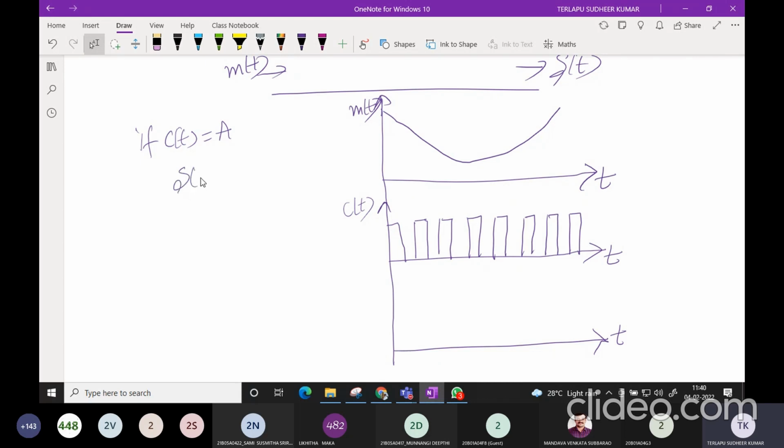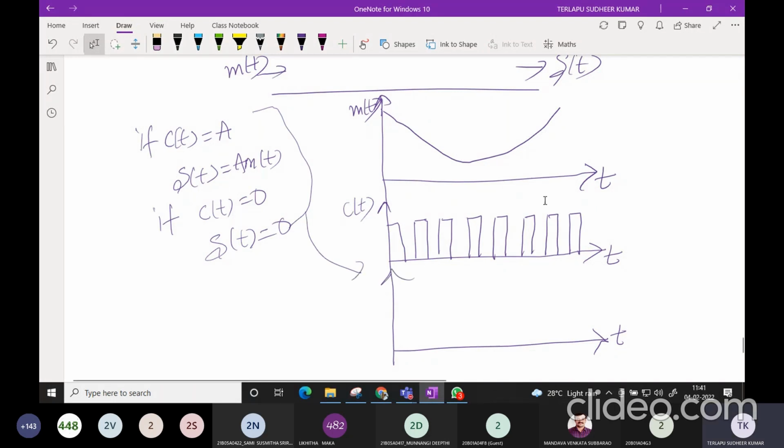Then once the switch is closed, S of t will become my M of t, or A into M of t, more precisely. If C of t equals 0, what is S of t? 0. So if C of t is 0, S of t will become 0. You apply the same condition to generate our PAM signal.